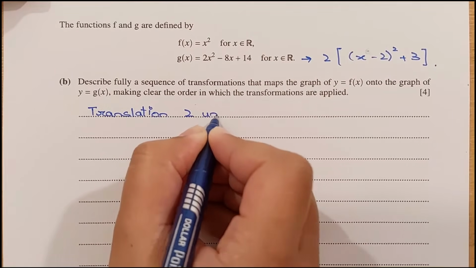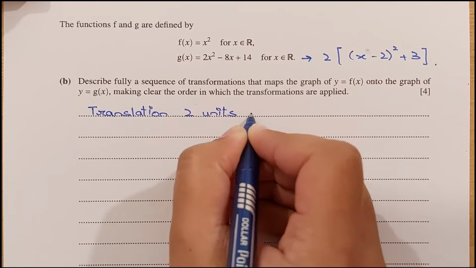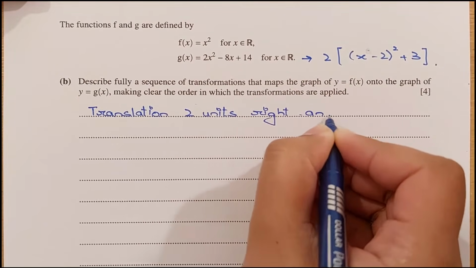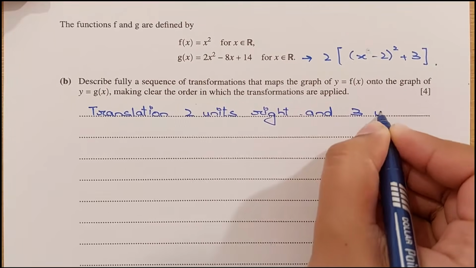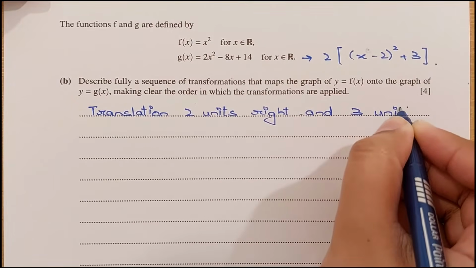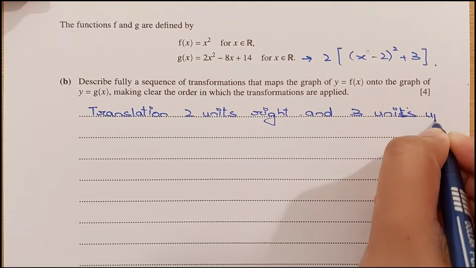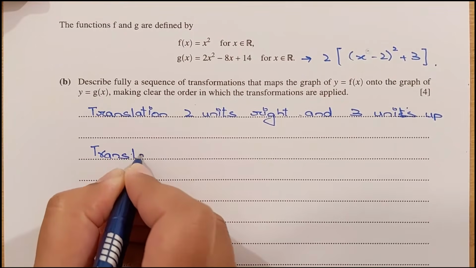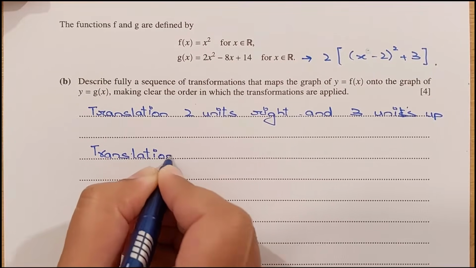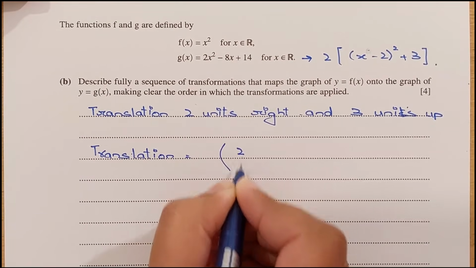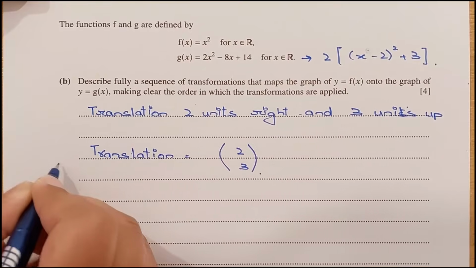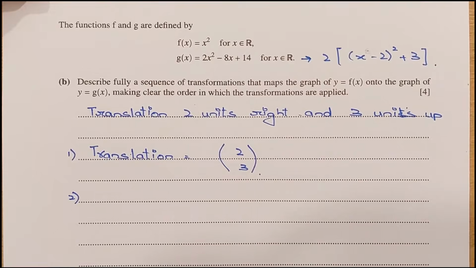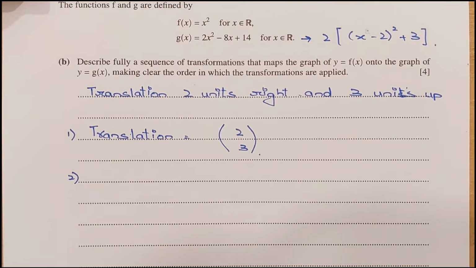Translation 2 units right and 3 units up. So we can say that the translation is (2, 3), right? This is my first transformation, and the second transformation is a stretch in y direction by a factor of 2.